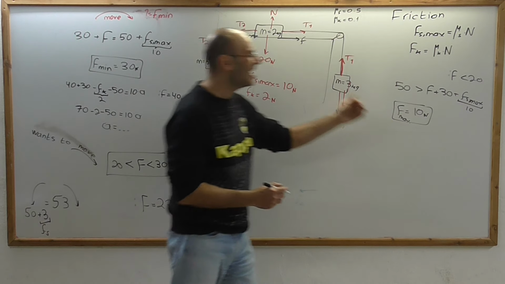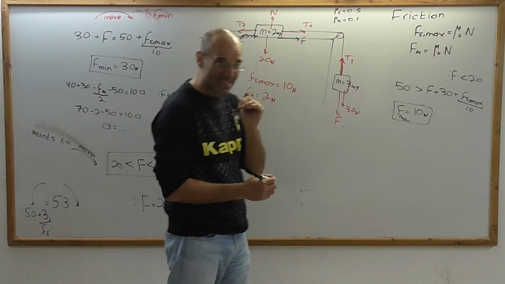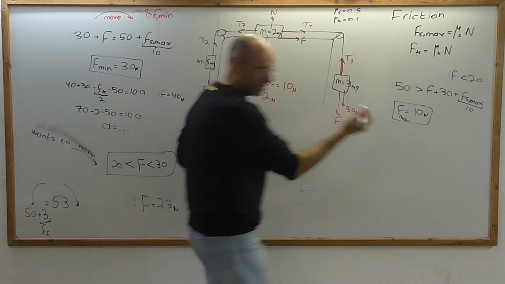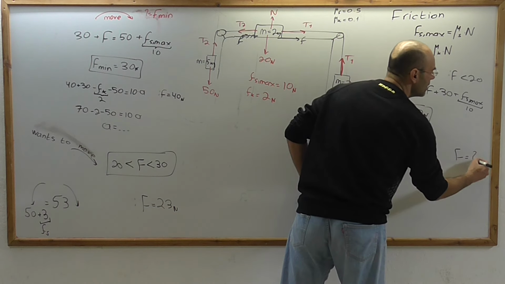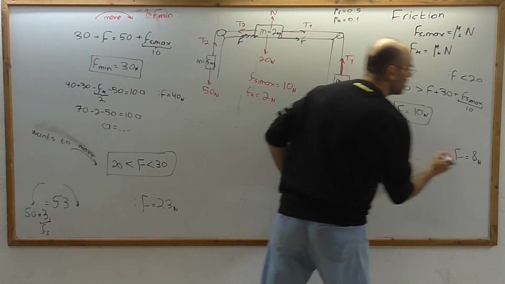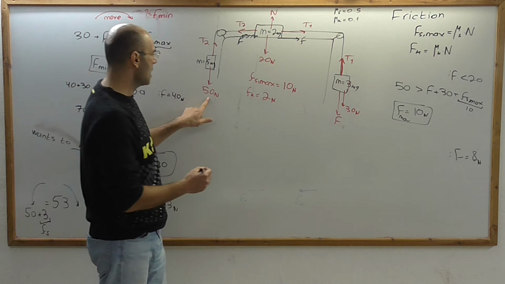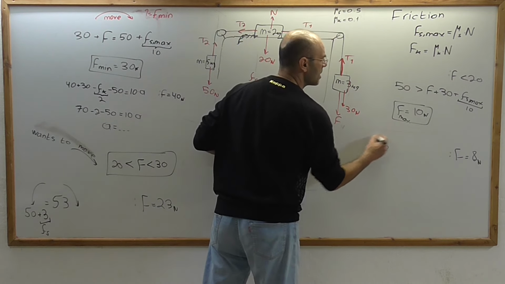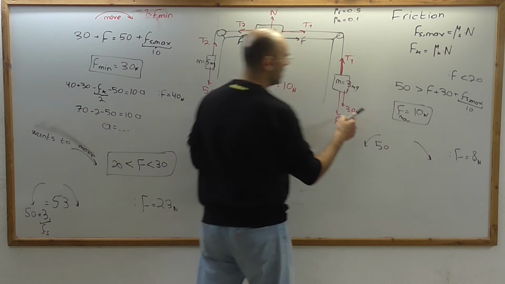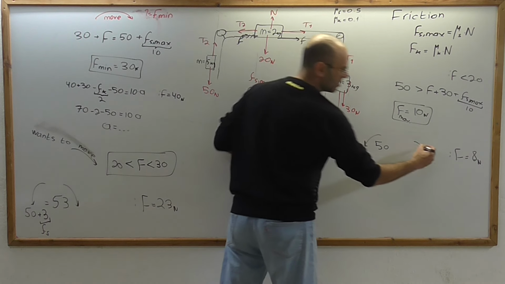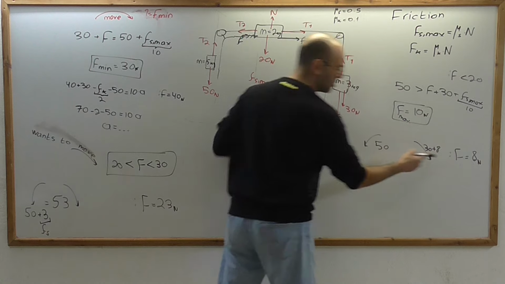If I apply a little less than 10, let's do an example. Let's say 8 newtons. If F is 8 newtons, I'll have 50 from this side, and from that side I will have 30 plus 8, which is 38.